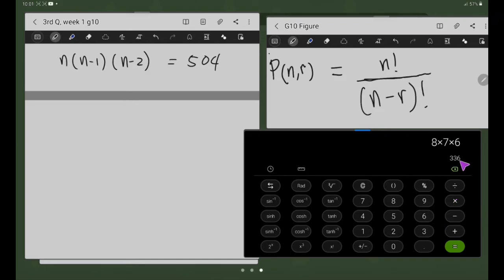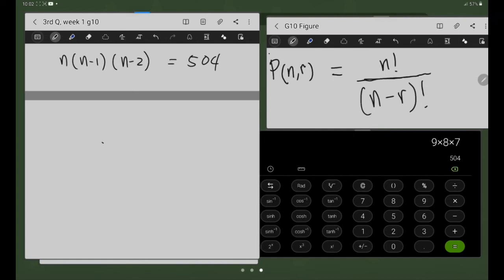So hindi siya pwede. Hindi siya abot ng 504. So dito 9 times 8 times 7.